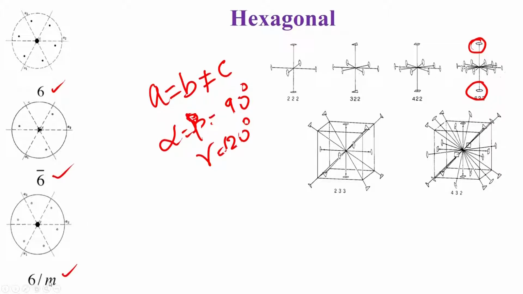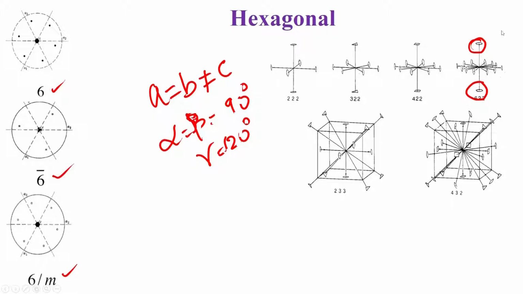The 6 by m symmetry generates again a mirror symmetry, which is now attached along with this, and because there is a mirror symmetry which is perpendicular to the 6-fold symmetry, you will get now 6 equivalent points and 6 below.